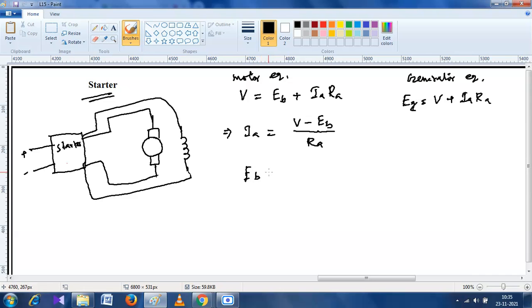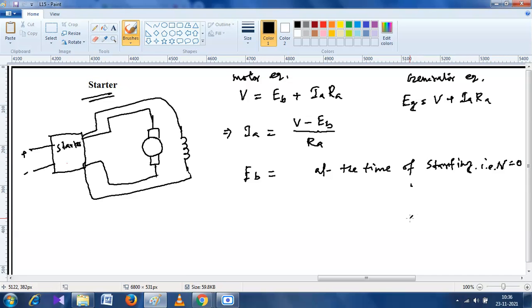So now tell me, what is the name of Eb? Back EMF. Good. So what is the value of back EMF at the time of starting?